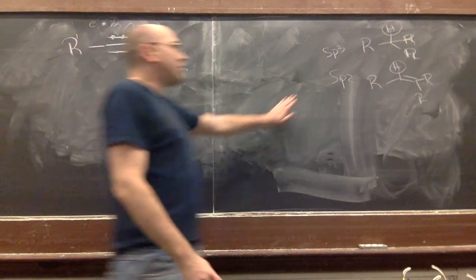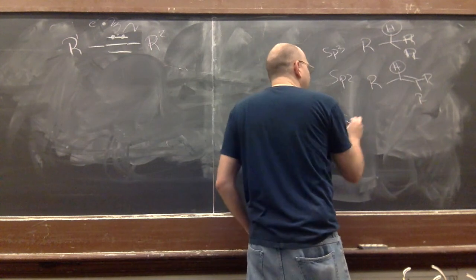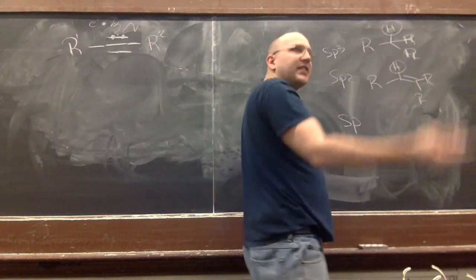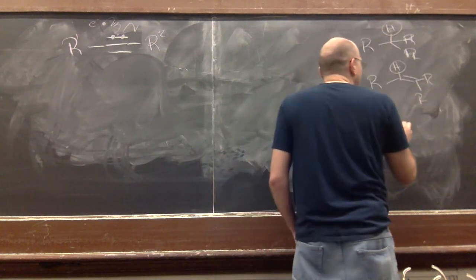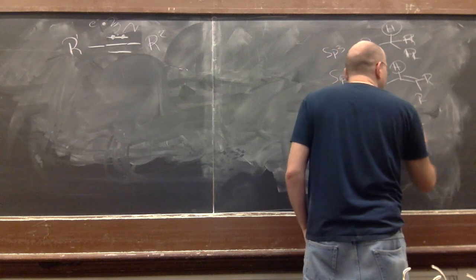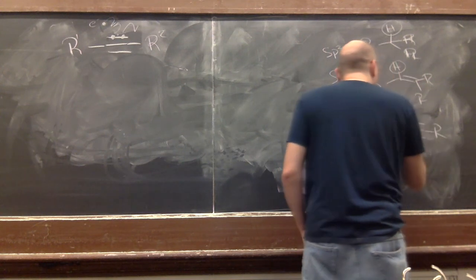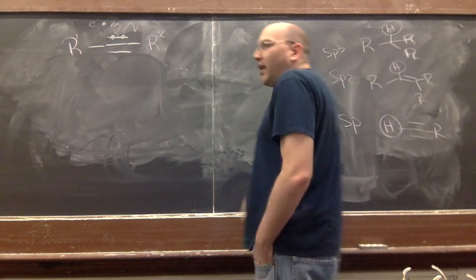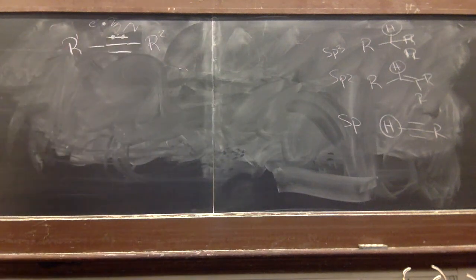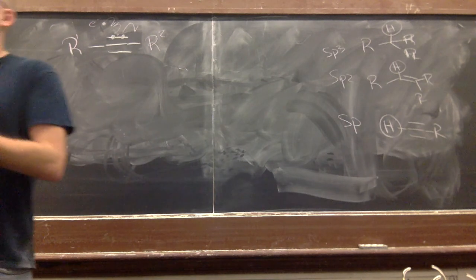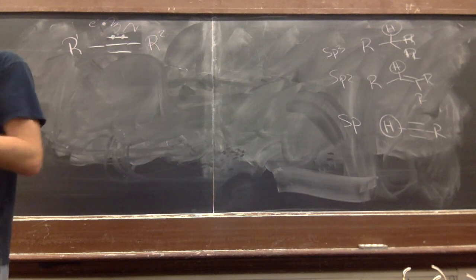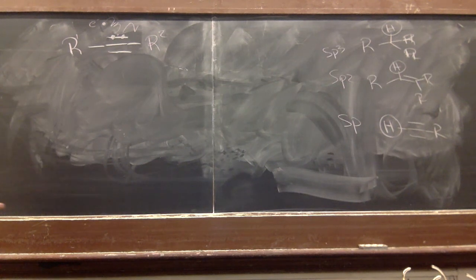But the moment that we jump down to sp, for example an alkyne, alkynes become much, much more acidic. The pKas of these are in the high 20s or low 30s, in that ballpark. So you see basically a huge increase in acidity.